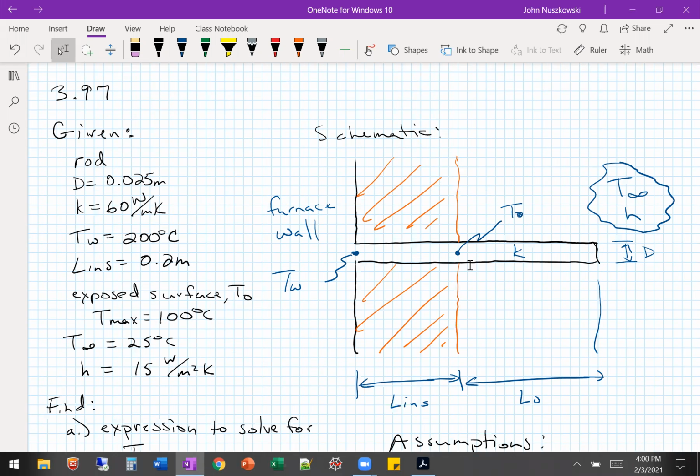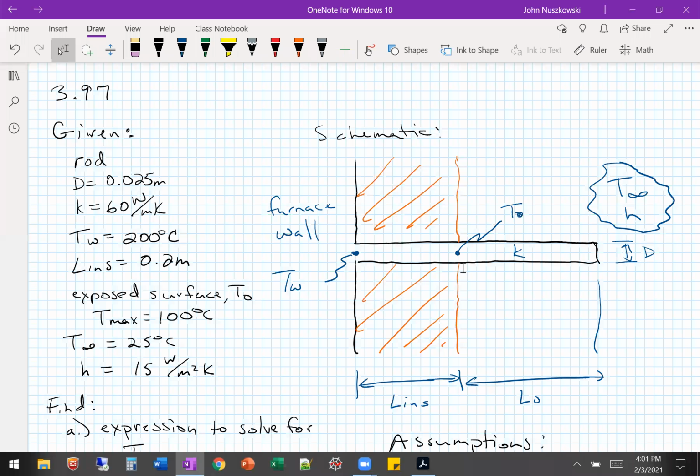All right, let's step back for a second. What's going on between TW and TO? Is the insulation preventing any heat loss between those two points? Not any heat. It's preventing heat loss to the surroundings.